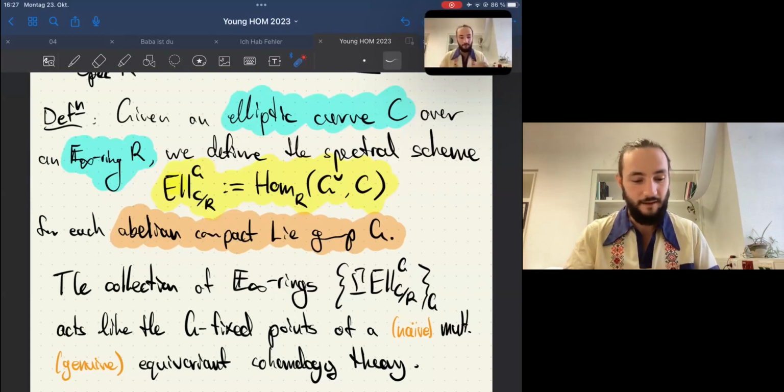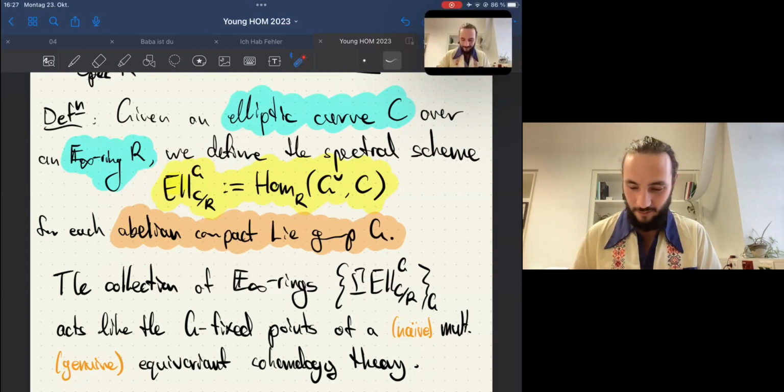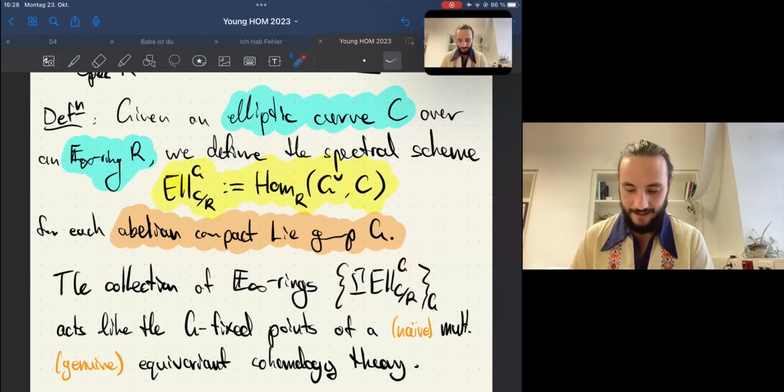So if you look in the Gepner-Meyer paper, they actually make this really precise, where they really write this down, and they prove that these global sections actually do define a G-equivariant cohomology theory, at least when G is, do they do it for abelian or for tori? Either one or the other.